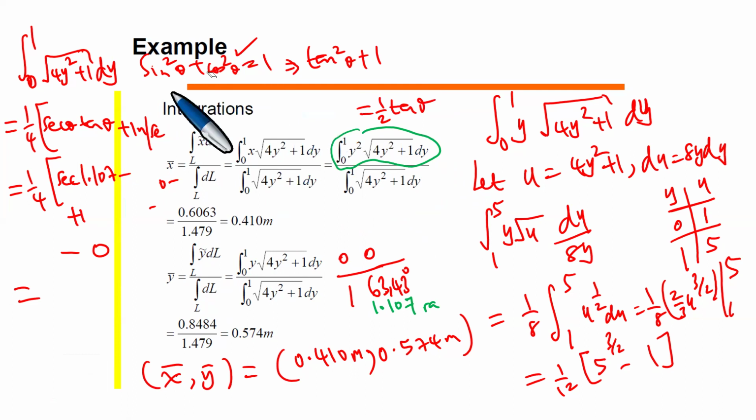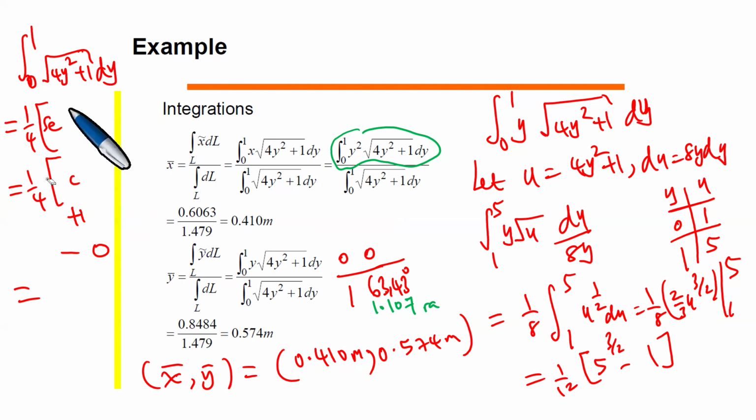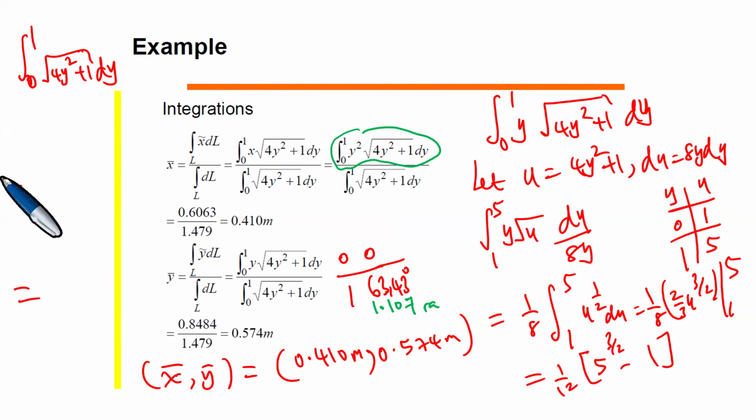You need to verify that this integral here is actually the same as this integral, the top one, from 0 to 1 of y squared times the square root of 4y squared plus 1 dy. This integral is 0.6063, that is the integral of the top. And therefore, the result is 0.410 meters.